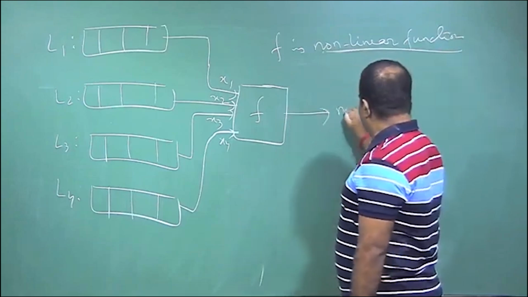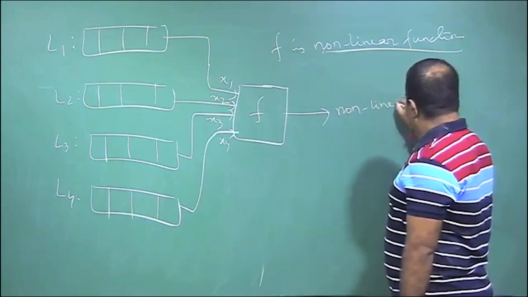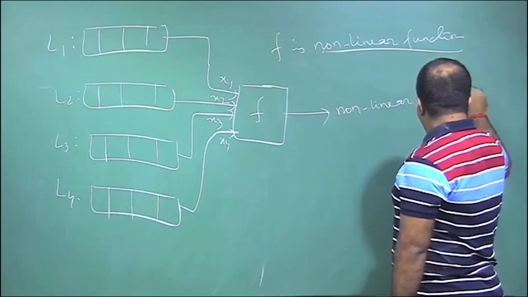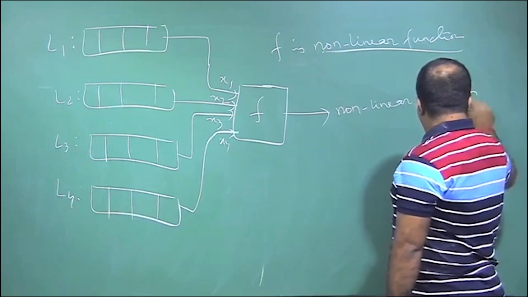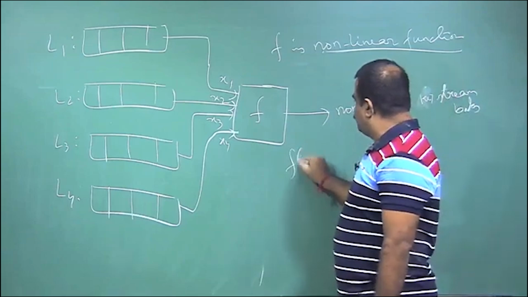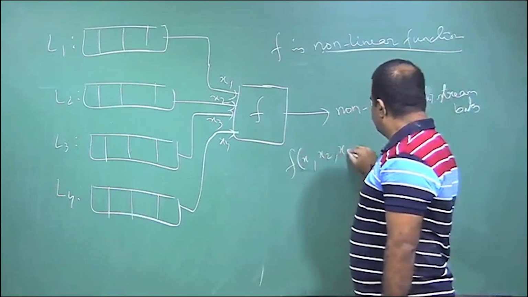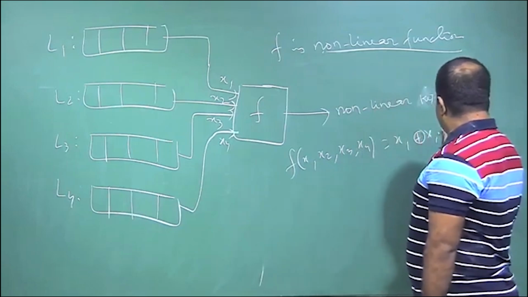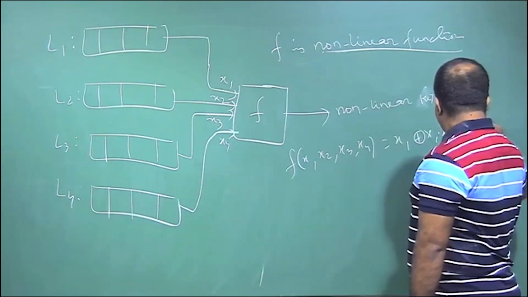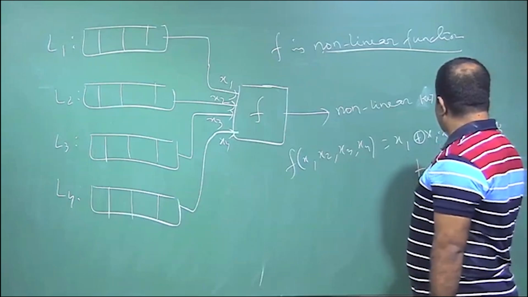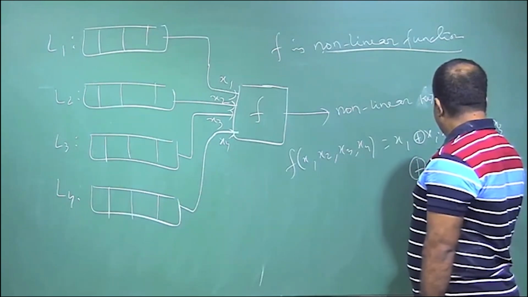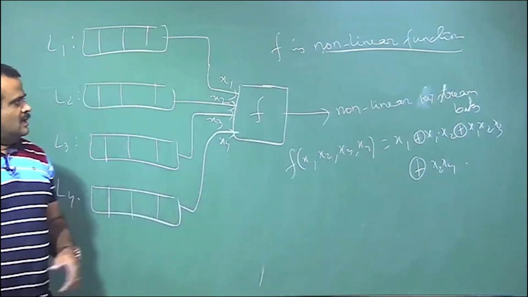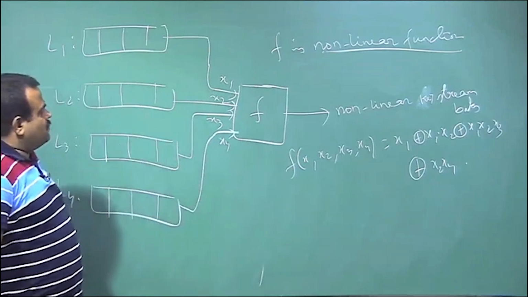So, this is basically a non-linear key stream bit. If it is 4-bit, f could be x1, x2, x3, x4. It could be x1 XOR x1x2, XOR x1x2x3, x2x4, any non-linear function like this that we can use to make a non-linear key stream bit generator.